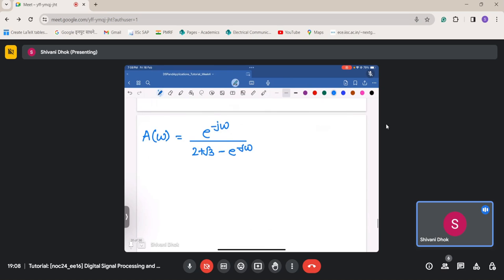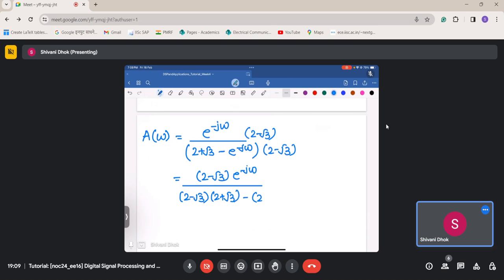Now what we will do is multiply and divide by 2 minus root 3, which gives 2 minus root 3 into e power minus j omega upon (2 minus root 3 into 2 plus root 3) minus (2 minus root 3 into e power minus j omega).